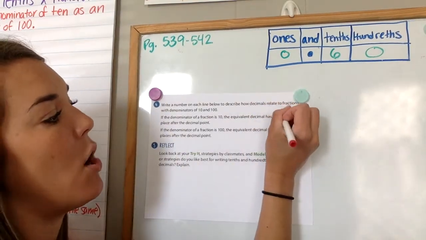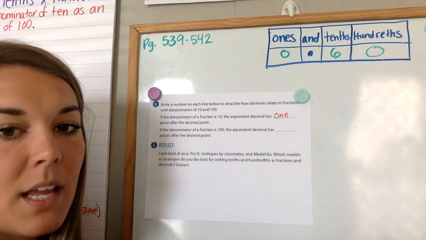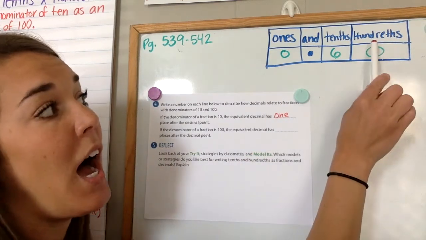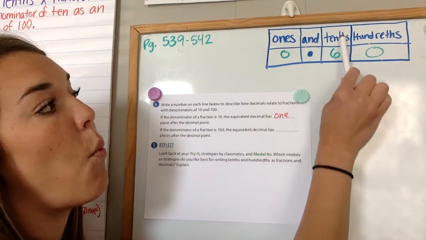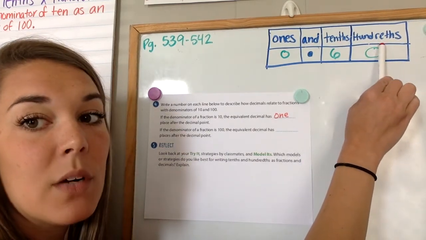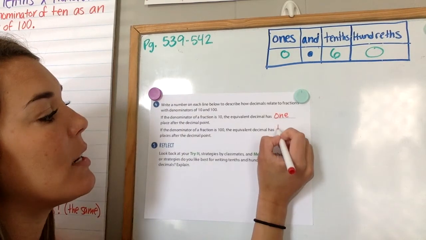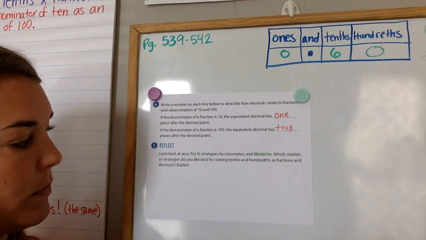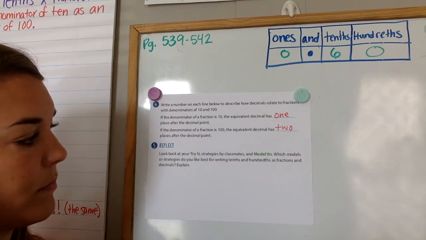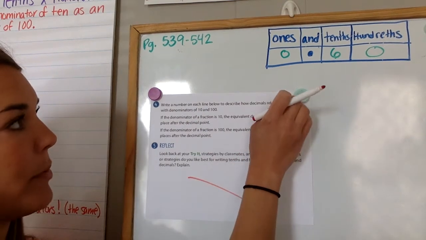So that's going to be 1. If we're talking about hundredths, how many places after the decimal? 1, 2, right? So that's going to be 2 places after the decimal. Number 5, we're going to skip.